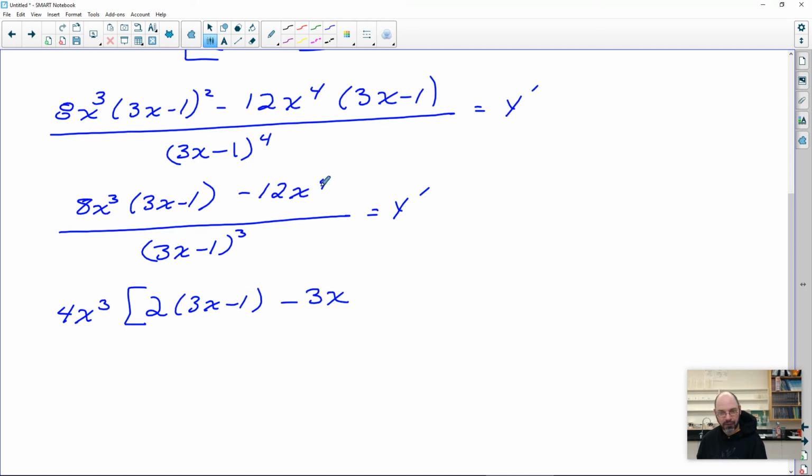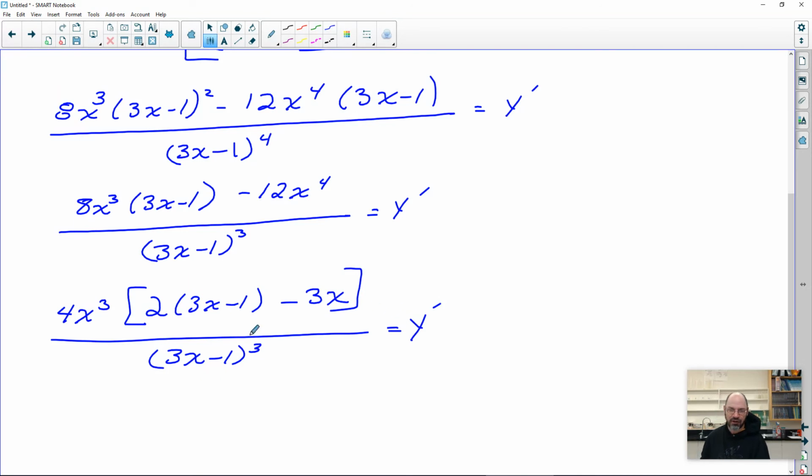Take away that, and then 4 into that, all over this. If you want it in factored form. Again, even though I'm showing all these things, it's not a necessary requirement unless I say specifically. Okay, so there we have it.